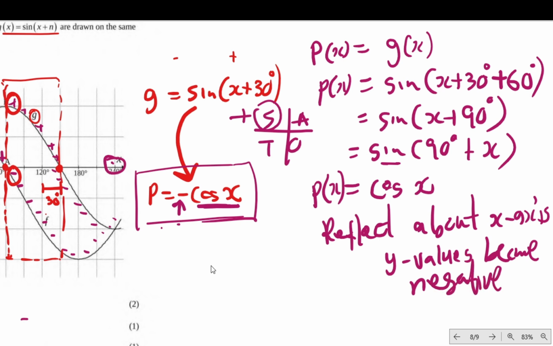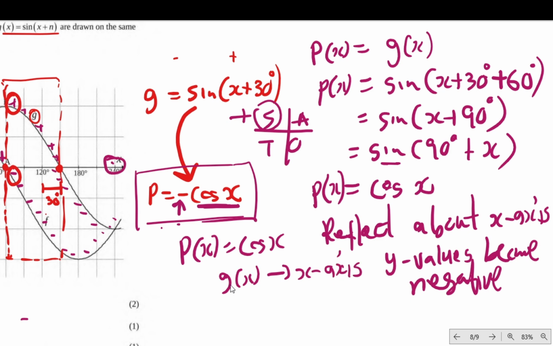Or should I say the y function becomes negative. So you have the function p of x equals cos of x, right? So if we're going to reflect the function about the x-axis, we need to make it negative, meaning that our p of x now is going to be negative cos of x like this.